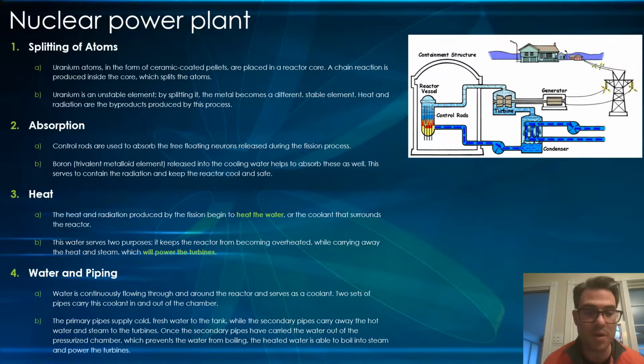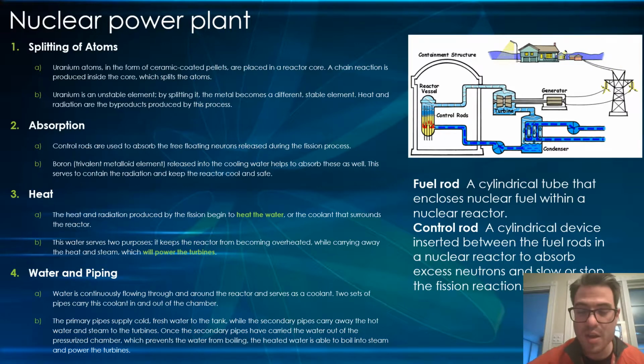The primary reason that we're using this cool water in the tank is to help keep the reactor cool, and as the hot water heats up, we want to remove that from the reaction chamber, cool it down and then recharge it. If we just kept the same water in there, it would get too hot. So we're constantly replenishing the water inside the chamber with new cool water to cool the reactor down and then produce new steam.